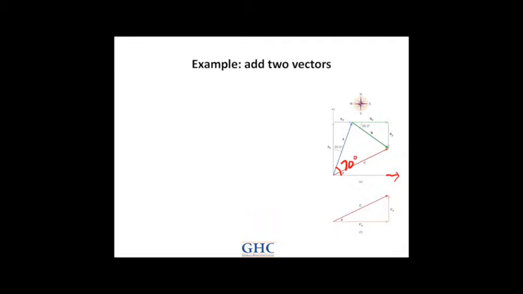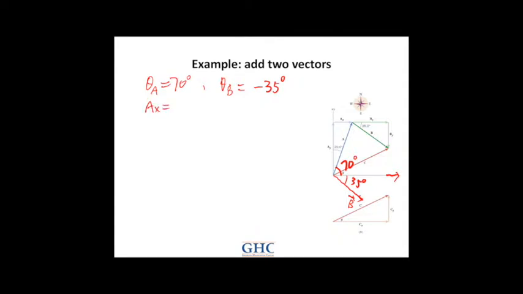You move the original point of vector B to here. So this is our B. Theta A is 70 degrees, and the angle of vector B we should have is negative 35 degrees.